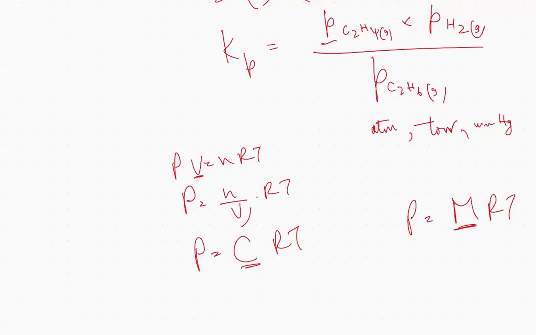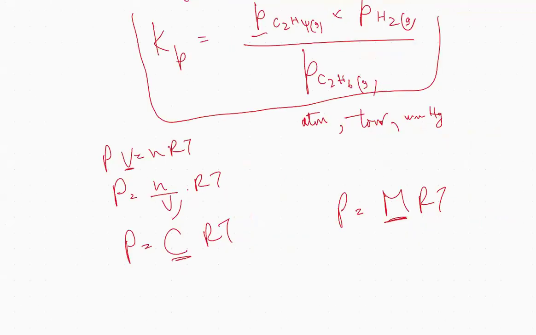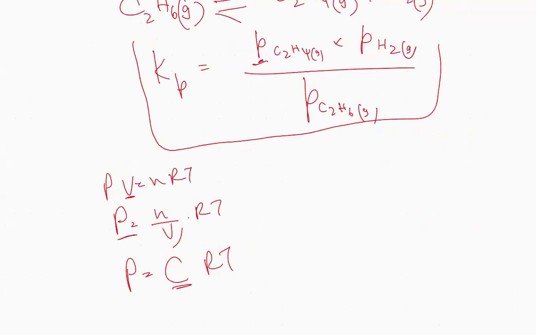Now let us take this Kp, what we wrote here. Let's see whether you can do it. Let me erase some of the things so that we have space here. Look at this Kp. Consider the partial pressure for C2H4.